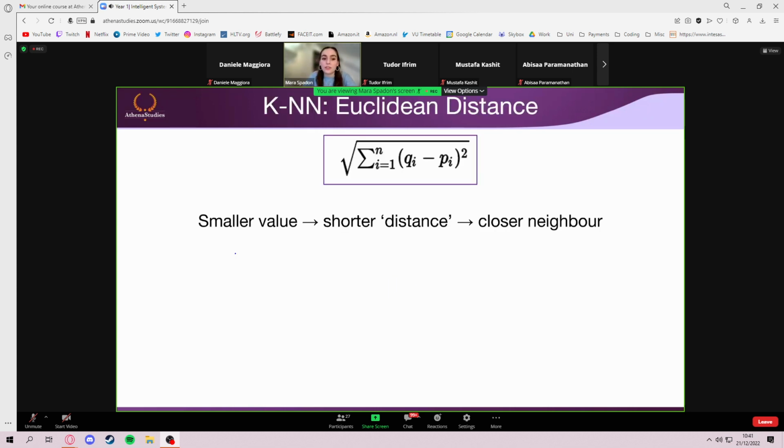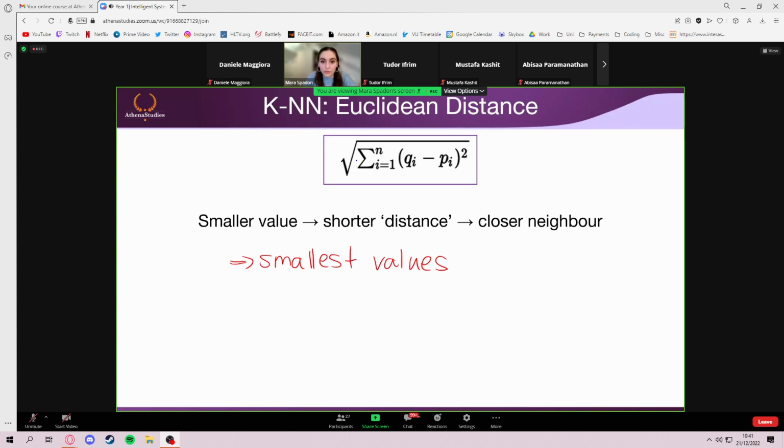As the name suggests, it talks about distance, right? So smaller value means a shorter distance, so a closer neighbor. So in our case, if we look at the neighbor, we want to find the smallest values. Correct? So that is why it says distance. We want to find shorter distance, smaller value.